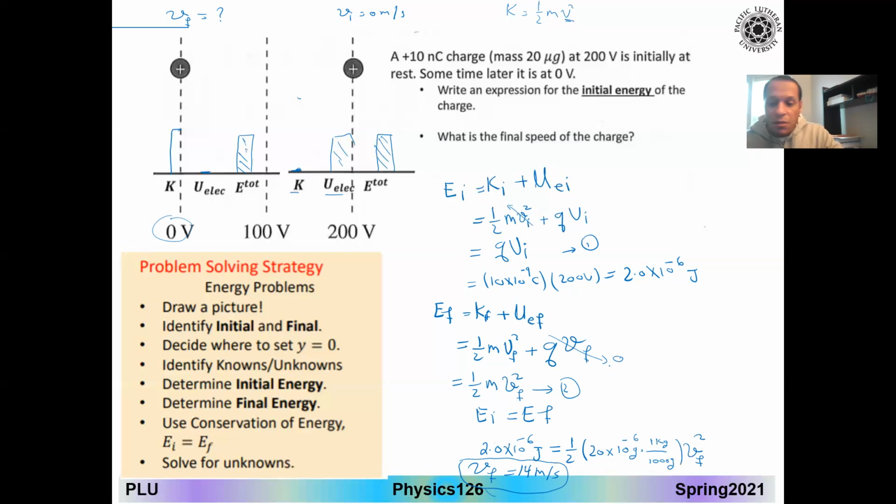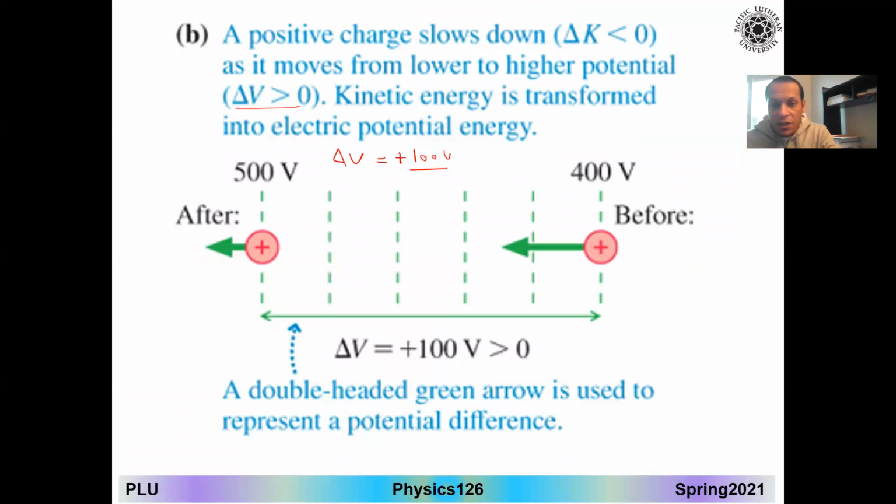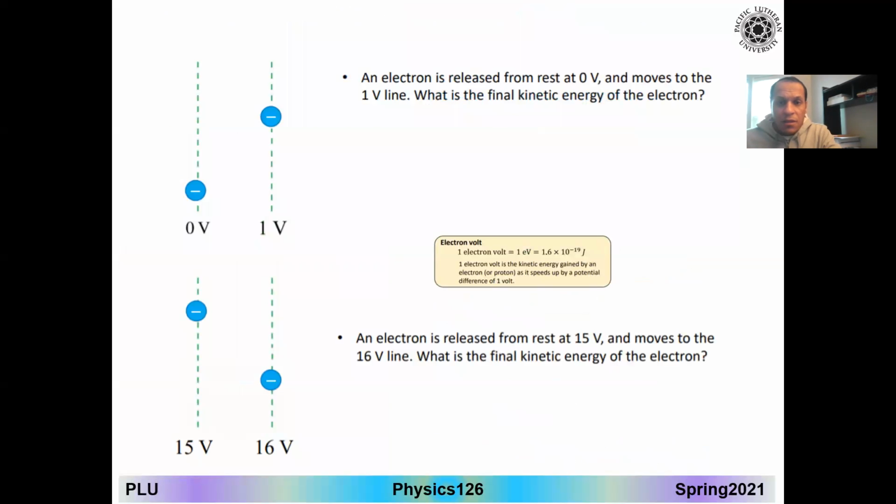So this is the first problem, and let's see what we have next. We're going to introduce the concept we call the electron volt, which is a unit to measure very small quantities of energy.